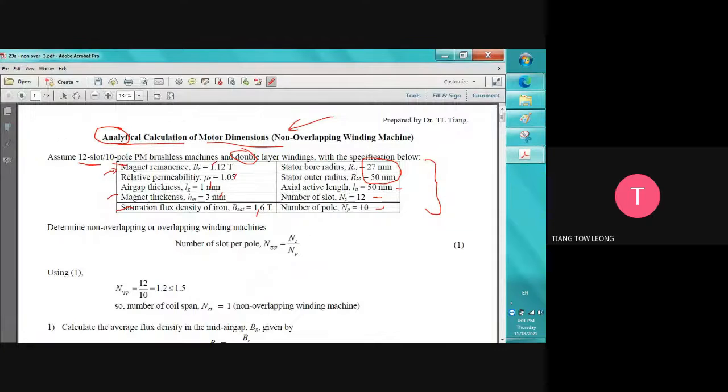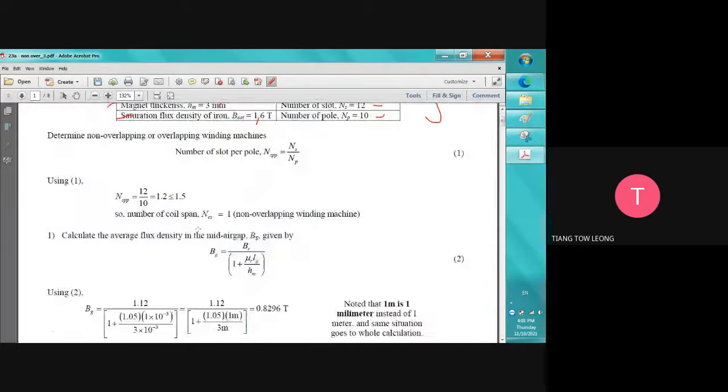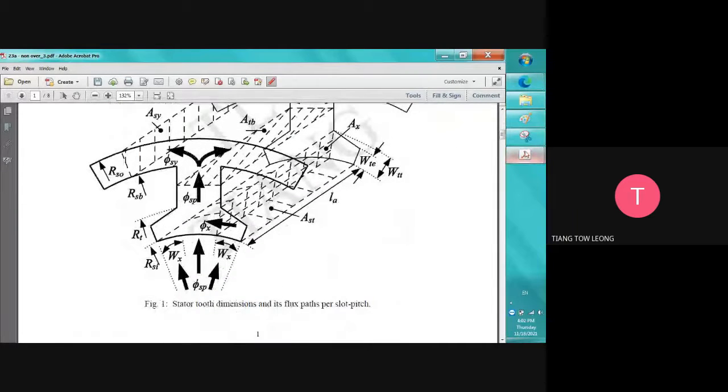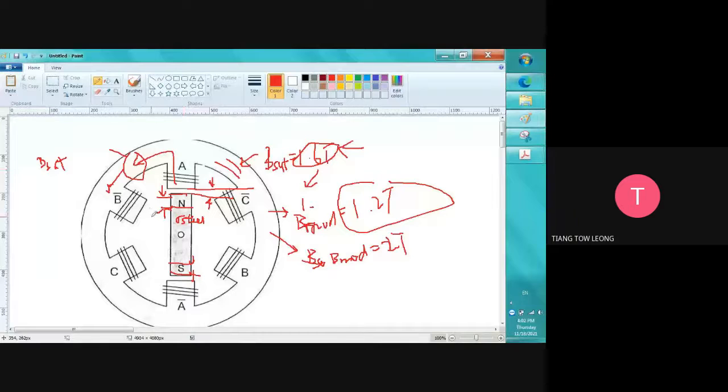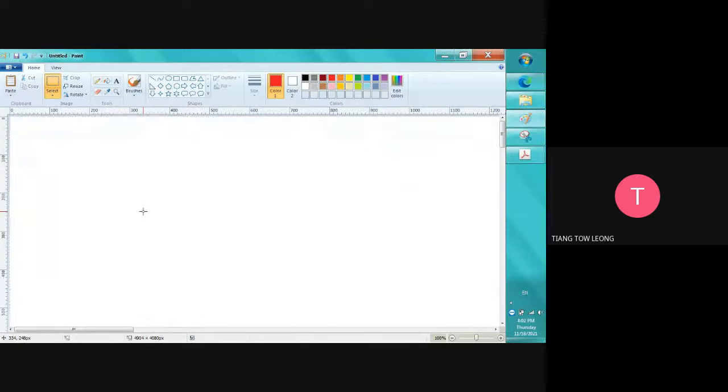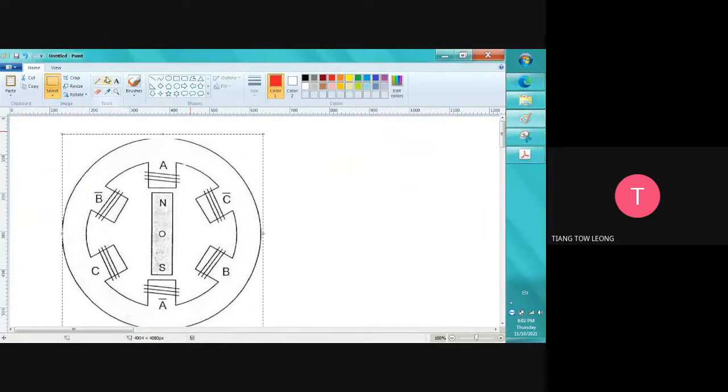And then stator bore radius RSI. RSI is here. R means radius, measured from the center.